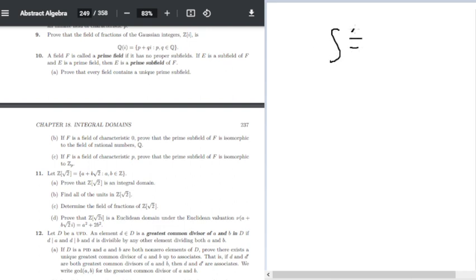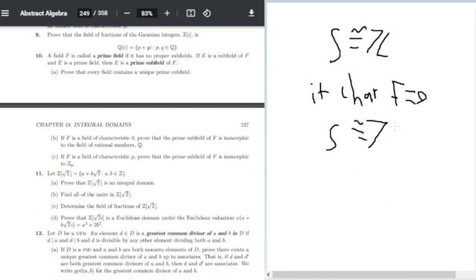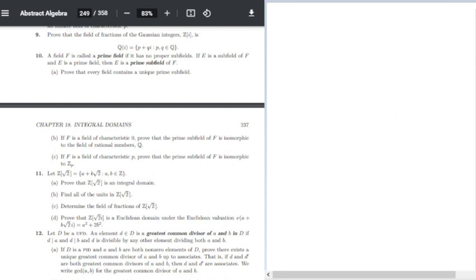S is isomorphic to Z if the characteristic of F is equal to 0. And S is isomorphic to Z mod p if the characteristic of F is equal to p. And then from there, the rational numbers.